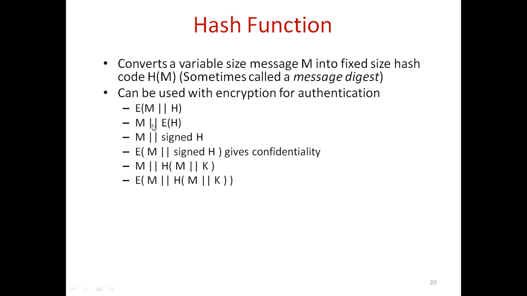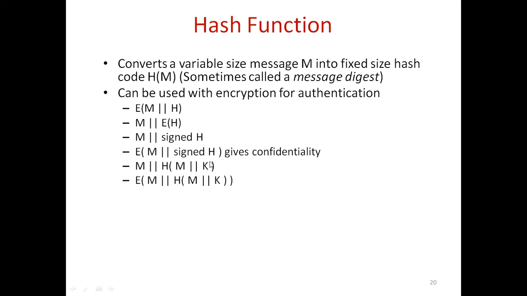Encryption of message concatenated with hash code. Message concatenated with encryption of hash code. Message concatenated with signed hash code. Encryption of message concatenated with signed hash. Then message concatenated with hash code computed from the message plus secret key.